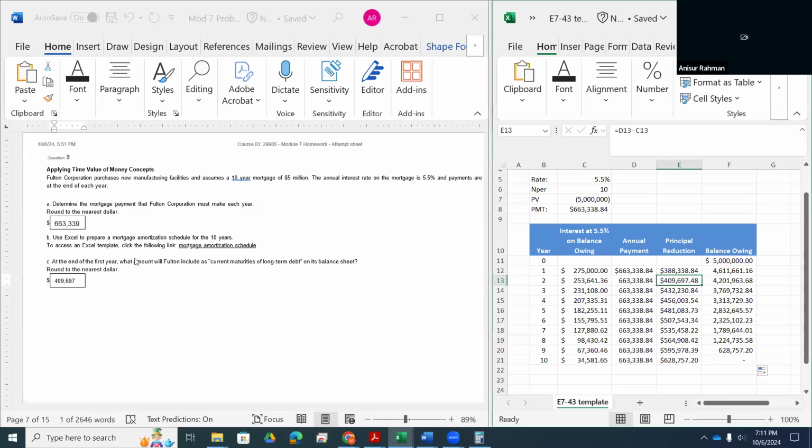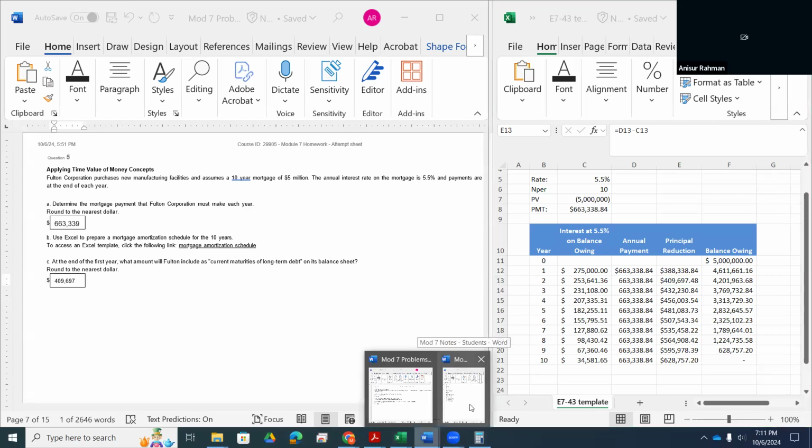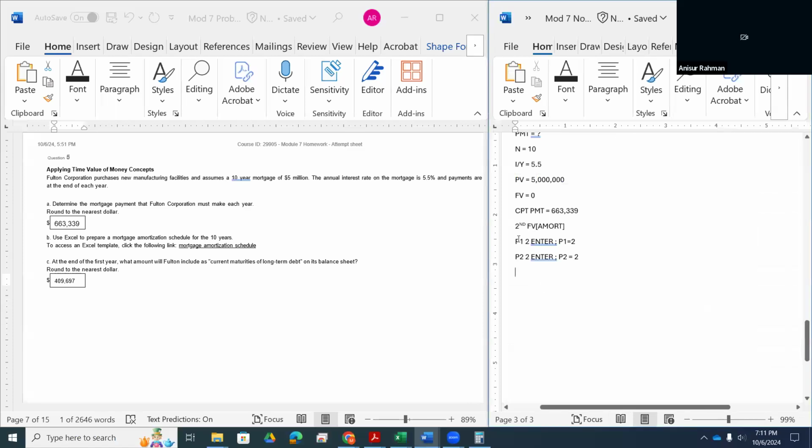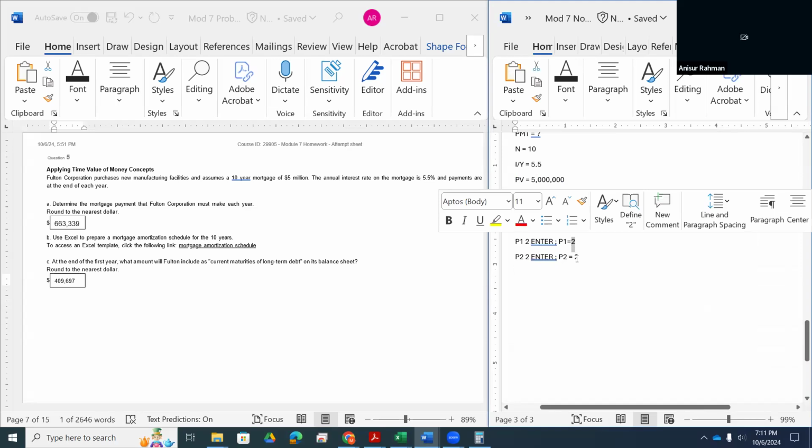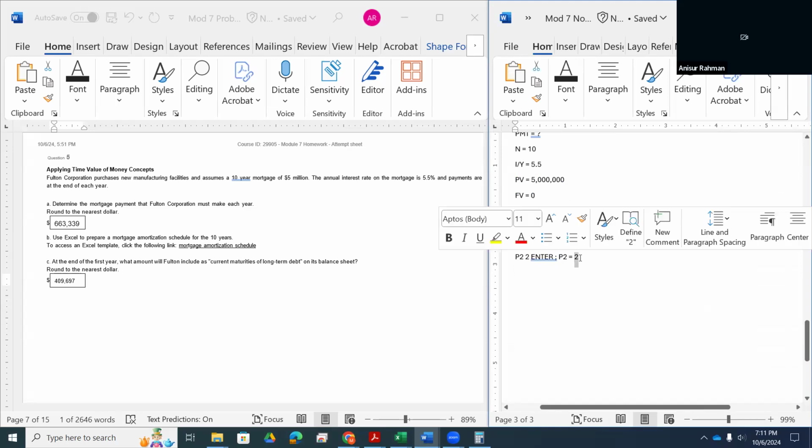So at the end of the first year, we are talking about what will happen during the second year. That was the reason we entered number 2 for P1 and P2. P1 means the starting point, P2 means the ending point. So 2 means beginning of second year, this 2 means end of second year.